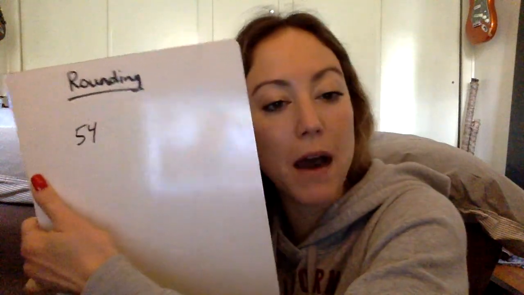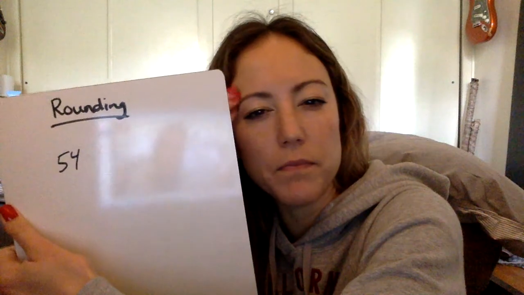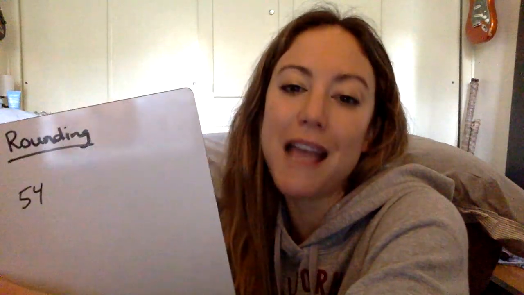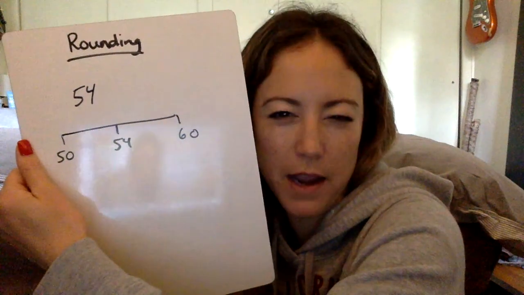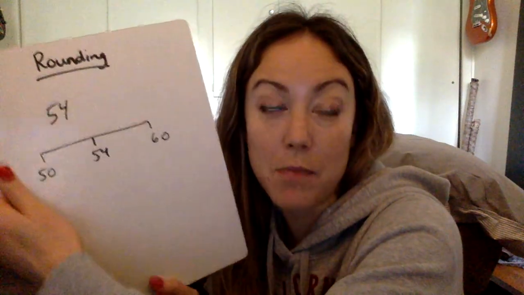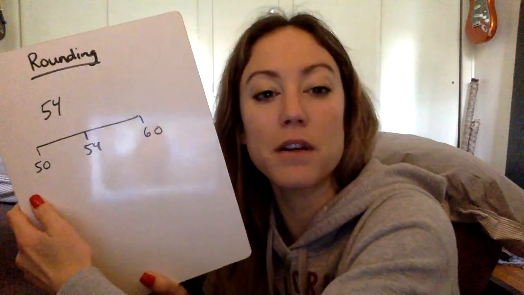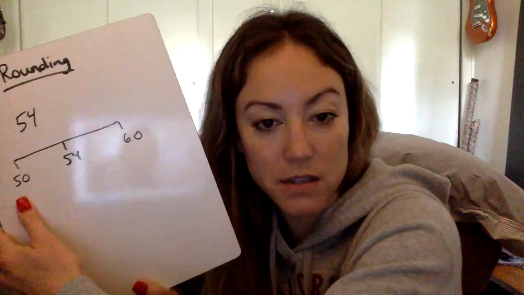You want to think about where that would be on the number line, and what two tens 54 is in between. So if you have 54 on a number line, the two tens that it's in between are 50 and 60, right? Because when you count by tens, you say 10, 20, 30, 40, 50, 60, 70, and so on.